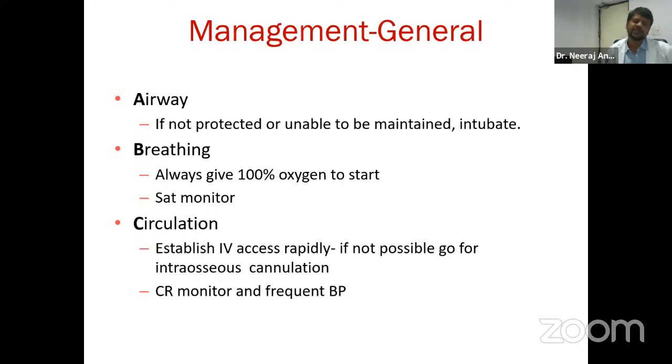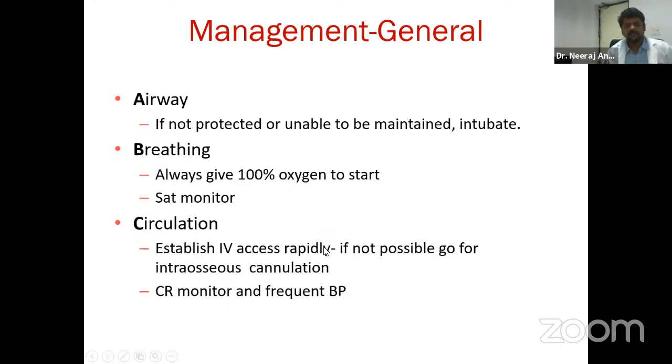Breathing: we always start with 100% oxygen and we monitor for saturation and titrate the oxygen requirement as per the saturation of the patient. Circulation: we have to establish IV access rapidly, and if we cannot get intravenous access within 90 seconds, then we have to go for intraosseous cannulation.